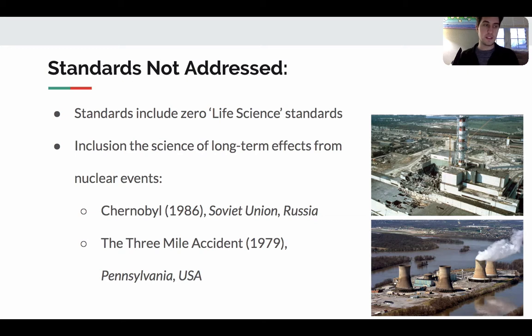Like I said, the Project Lead the Way module does a great job with earth science standards and engineering standards, and it just misses this one section that I want to help have students examine.